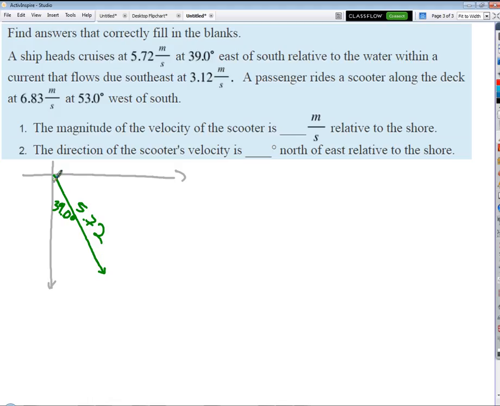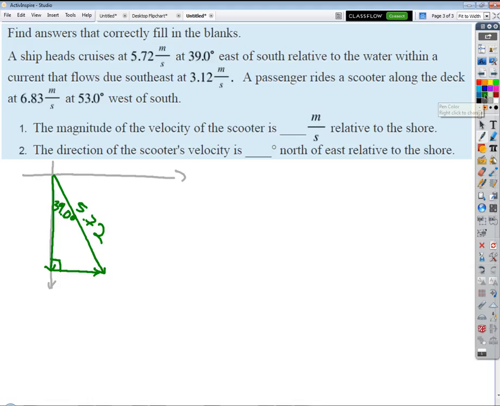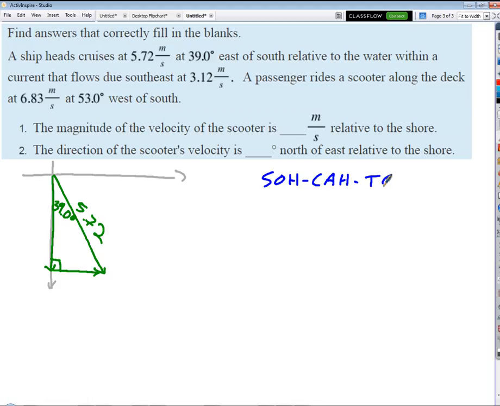Here, would you agree these would be my components? There's the vertical component, there's the horizontal component, and they form a right angle. Let's quickly remind ourselves about good old SOHCAHTOA. It refers to a right triangle with an angle theta.